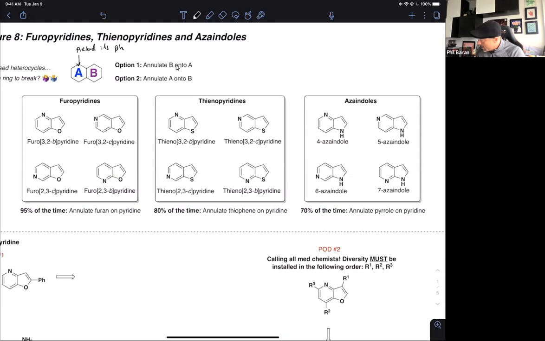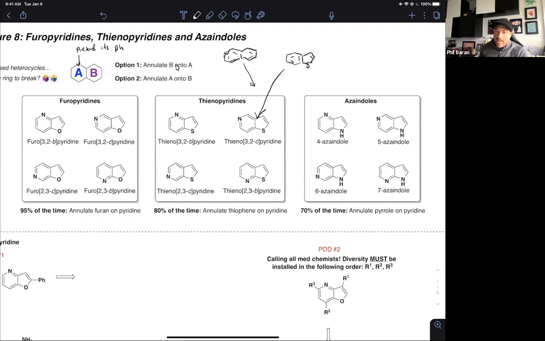So if you take, for example, a thiophene like that, when you think of the retrosynthesis, you're going to be looking at it from the vantage point of one of the possible retrosynthetic analyses being that, or the other possible retrosynthetic analysis being that.